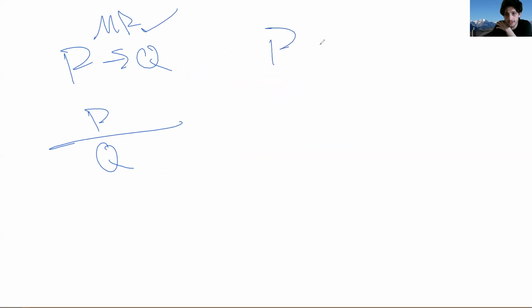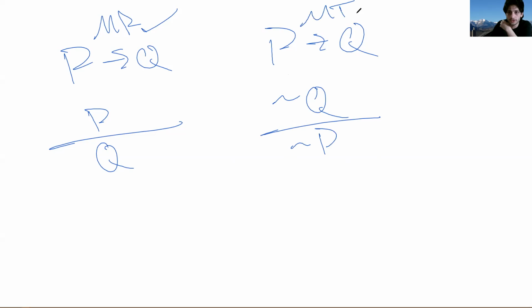Modus Tollens starts with the same conditional, any conditional, but instead of giving me the positive of the left side, give me the negative of the right side, and I'll give you not the positive of the left side, but the negative. So this is Modus Tollens.